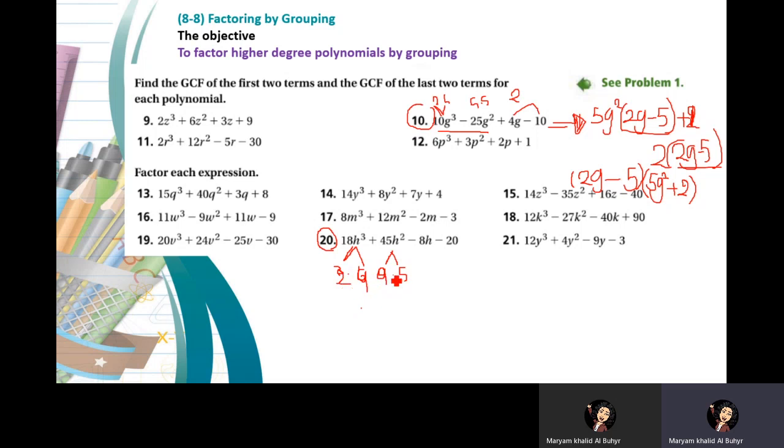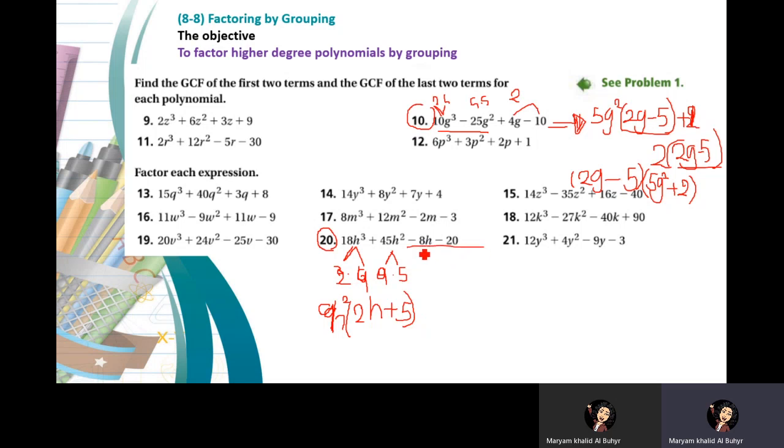So I can take outside only the 9 directly. 9 outside, the remaining is 2, 9h to the power 2. Again, take the lower power. And here you have 9 for the number. So 9h to the power 2. The remaining is 2h plus 5.